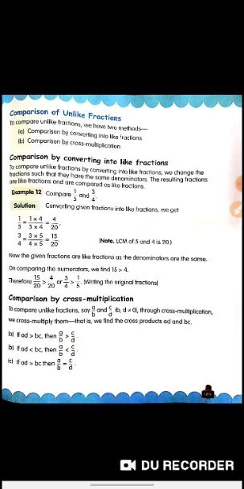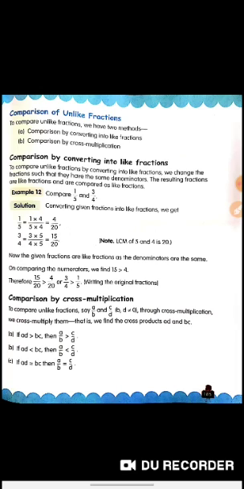In the first method, we take the given unlike fractions, first convert them into like fractions, and then compare in the normal way like we compare like fractions. Okay, this is the first method.